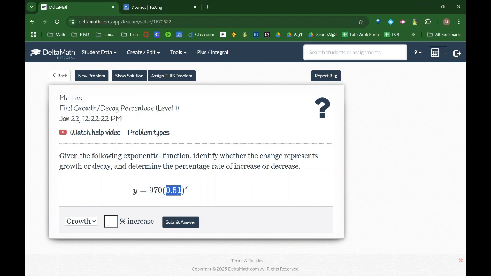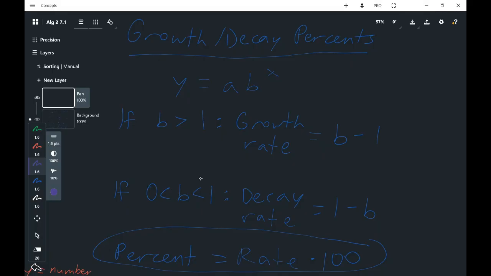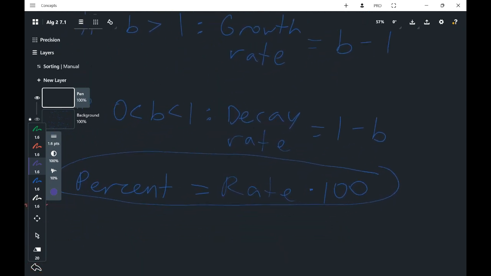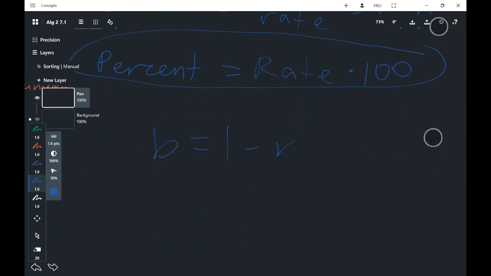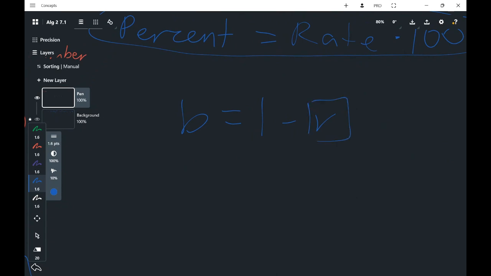This b value is 0.51. This is between 0 and 1, so this should be decay, right? Now, remember, we found the b value by doing 1 minus r. But if we instead solve this equation for r, we get b minus 1 equals negative r, and then r is 1 minus b.